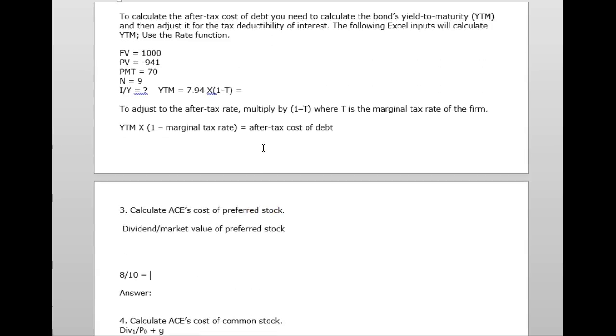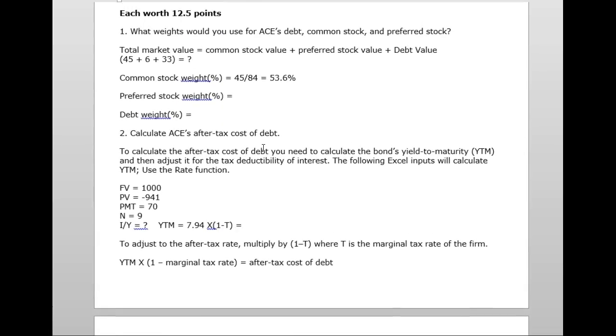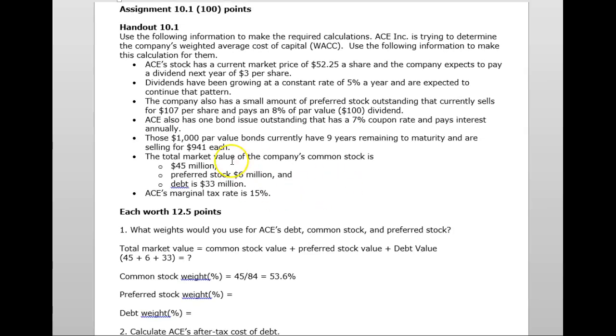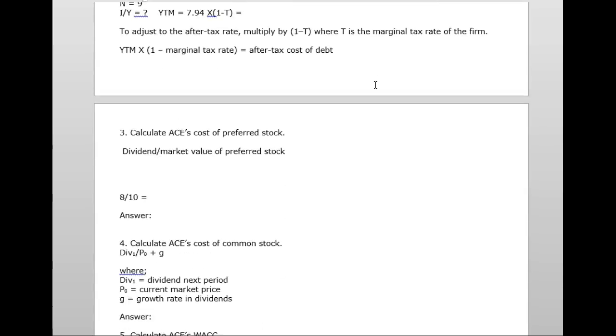And I believe they give us all that information up here. If we look at common stock, well, we know it's 45 million. It has a market price right now of $52.25. Its expected dividend is $3 per share, and it's going to grow at a constant rate of 5%. So those are your numbers to plug.